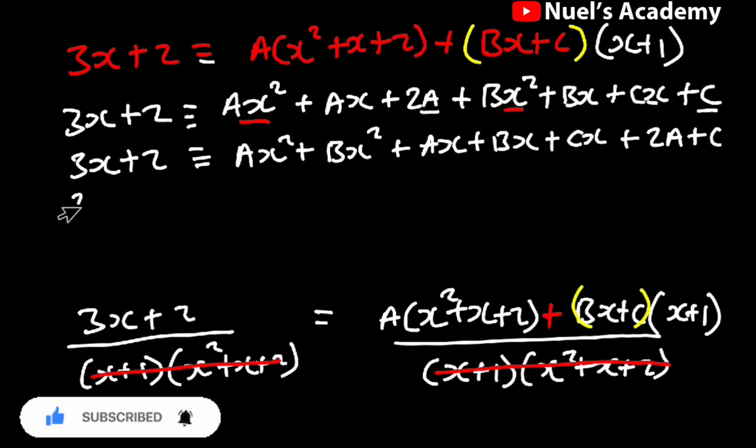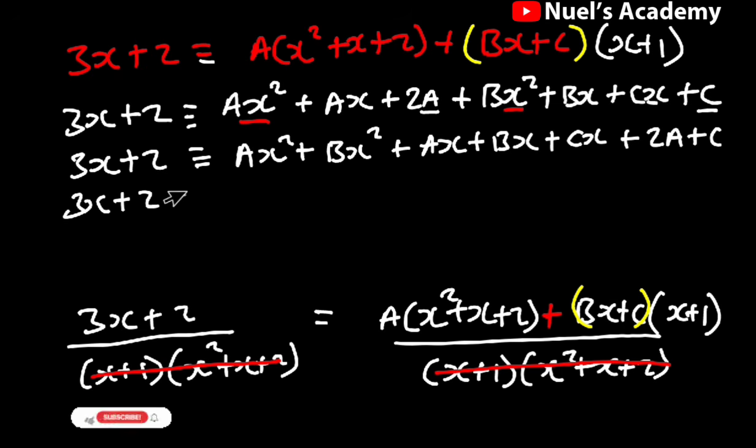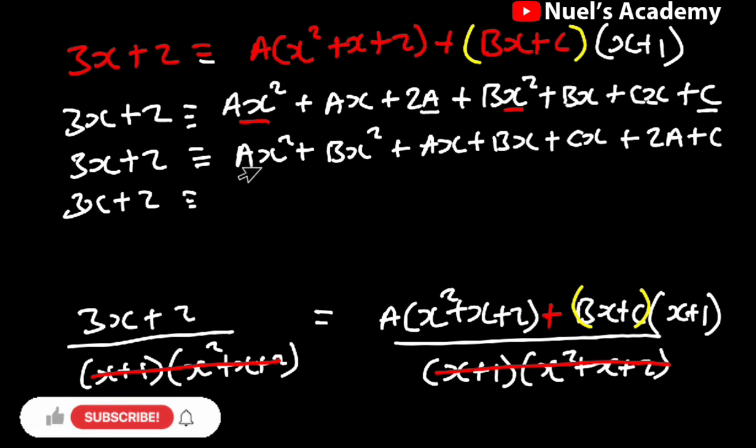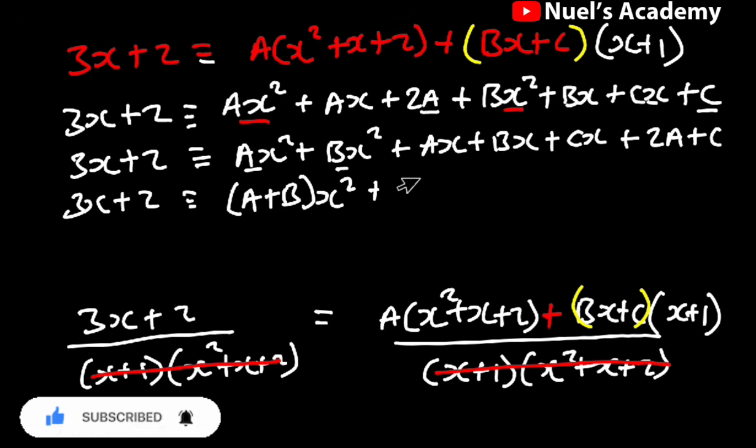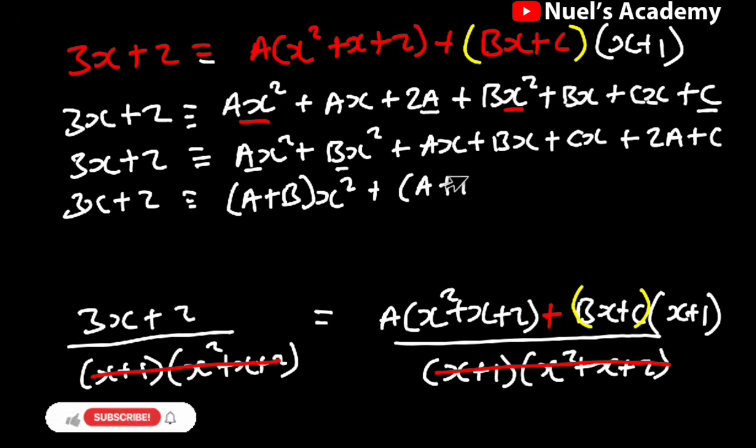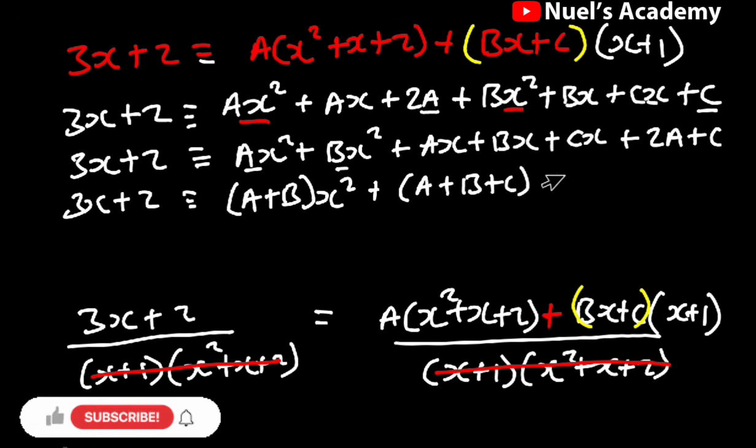So we have 3x plus 2 is equivalent to, let's then factor out: (a plus b) multiplied by x squared plus (a plus b plus c) multiplied by x, then plus 2a plus c. So let's compare the coefficients.